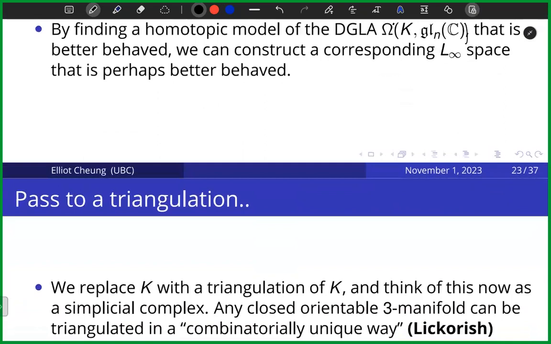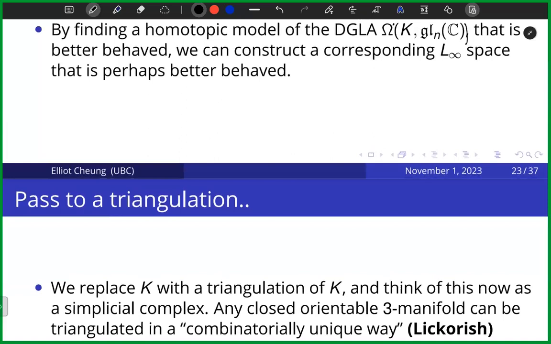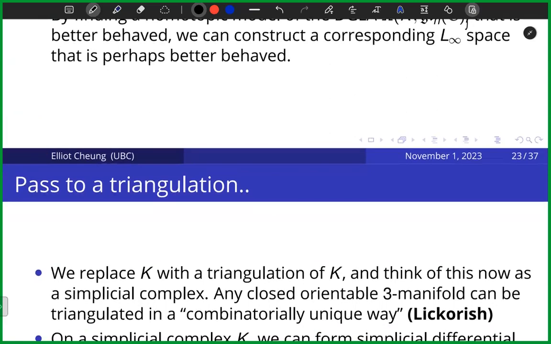So here we replace K with the triangulation of K. We can think of this now as a simplicial complex. Fortunately, closed orientable 3-manifolds can be triangulated in a combinatorially unique way. In other words, different triangulations can be refined to each other by some chain of subdivisions.